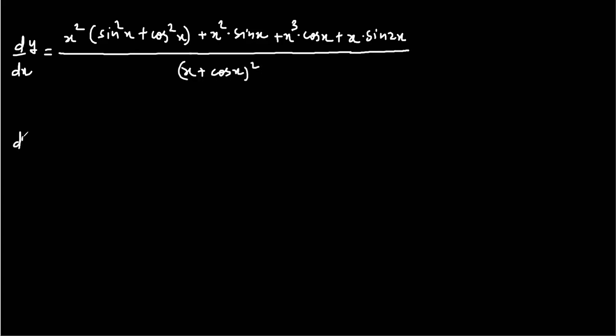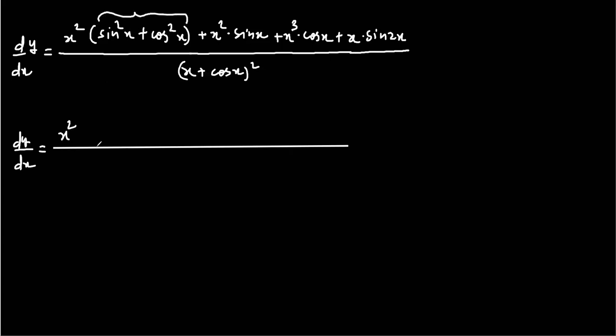So you have now dy by dx equals to, you will write here x square into 1. This thing is 1.